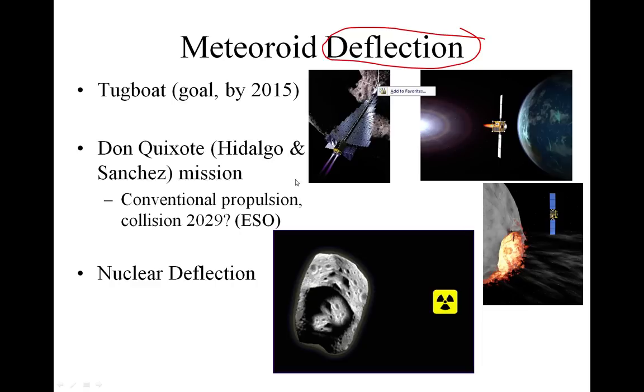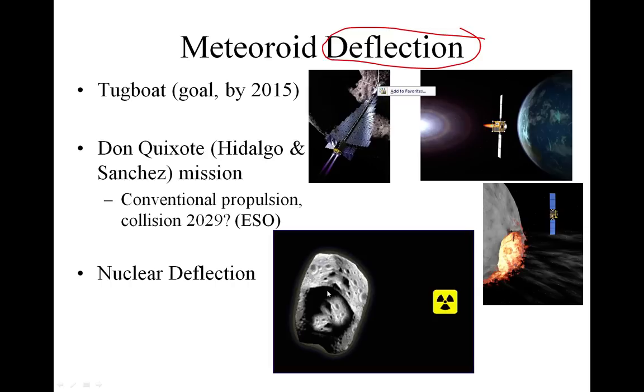If it was successful, well, then Sanchez just follows it for the rest of eternity, essentially, radioing back to us what position it's in, making sure that it's not endangering us in the future. If Hidalgo doesn't knock it away far enough, then Sanchez can come in on a suicide mission and do that. Again, obviously no people in these things, right? Ready to go by 2029, we think, the European Space Organization.